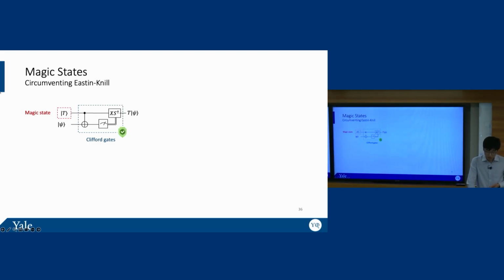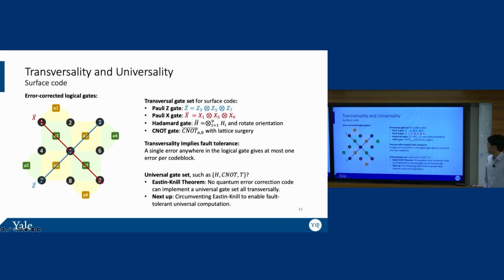Okay, so with that, I'm going to end here and leave this page up, and say that this is one proposal for scaling up quantum computation by error correction using the surface code.